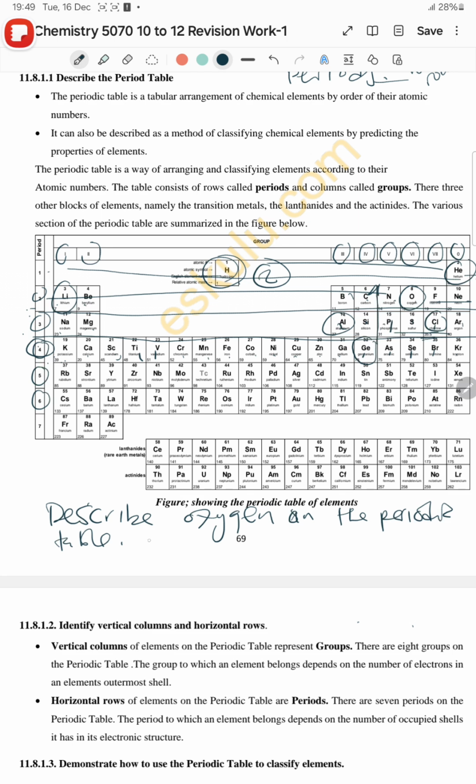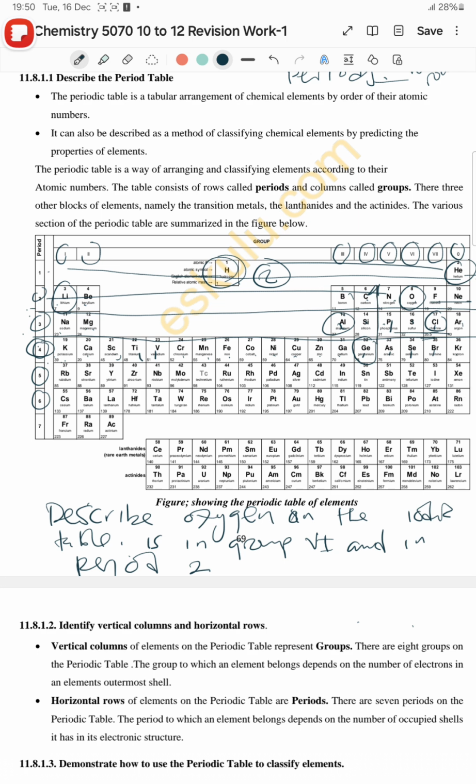So oxygen is in group 6. This is period 1, period 2. So we say oxygen is in group 6 and in period 2, and you're done. Just like that.